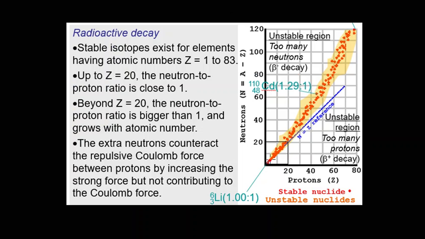It happens because, remember we talked about Coulombic forces versus the strong force in the nucleus of an atom. The Coulombic forces want to push everything apart, but the strong force wants to hold everything together, but the strong force acts in a very narrow, very tiny space.